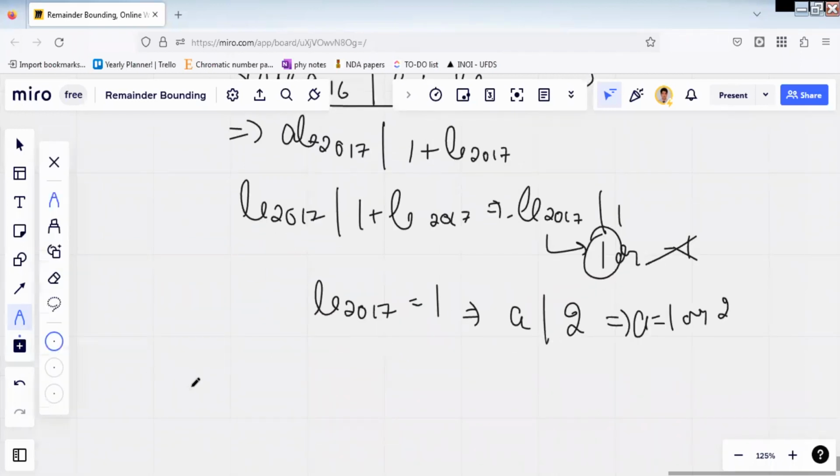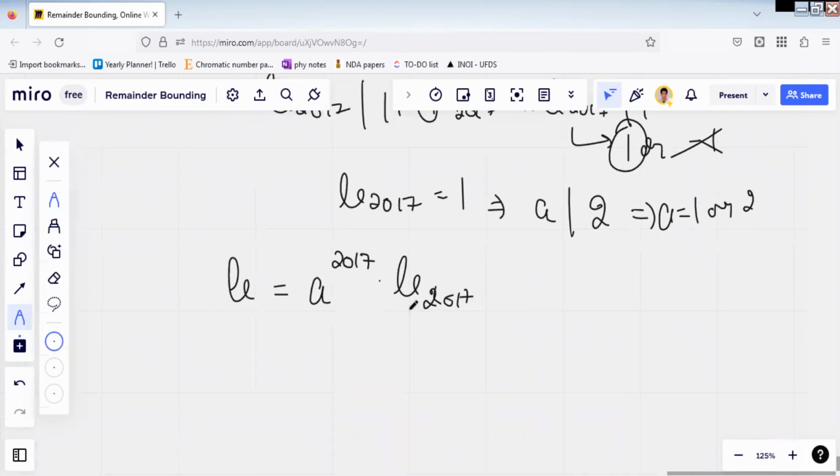So we can just backtrack now. If you notice that B is basically A to the power 2017 times B2017, right? B is A times B1, which is A times A B2, which is A square B2, and you keep on doing this.